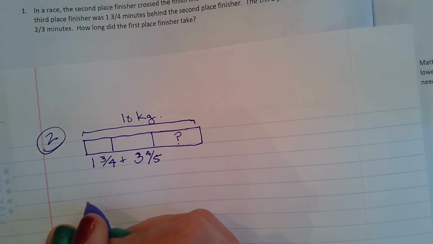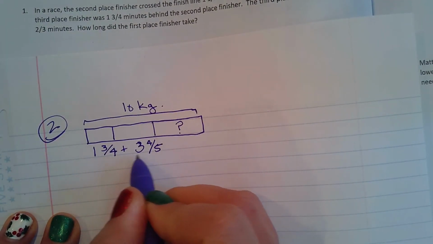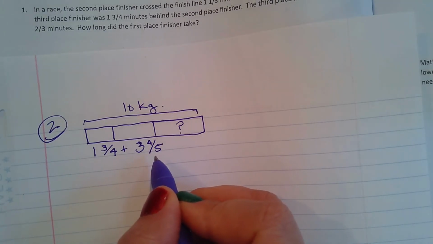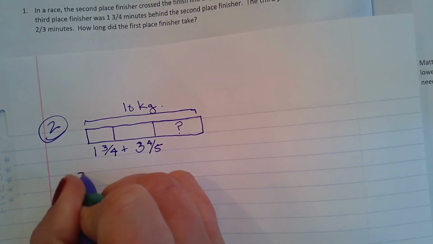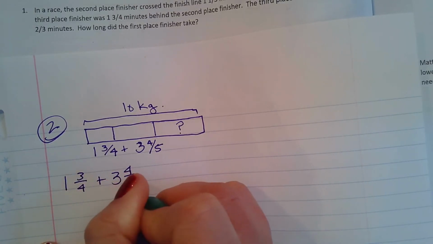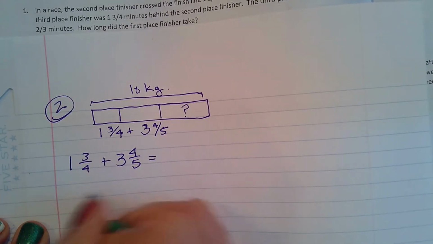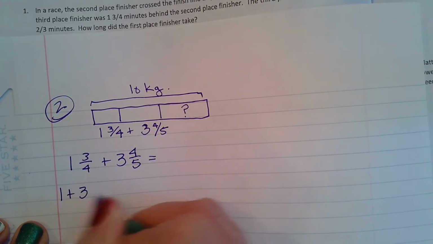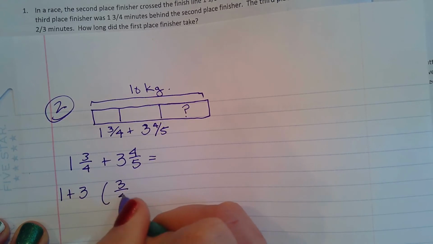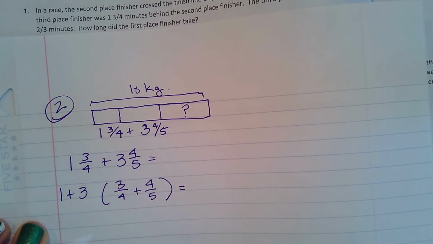Okay, so how I'm going to attempt this problem is I'm going to take 1 3/4 and add it to 3 4/5. Now, I'm going to pull out the wholes, 1 plus 3, and I'm going to leave 3/4 and 4/5 in here to solve for.